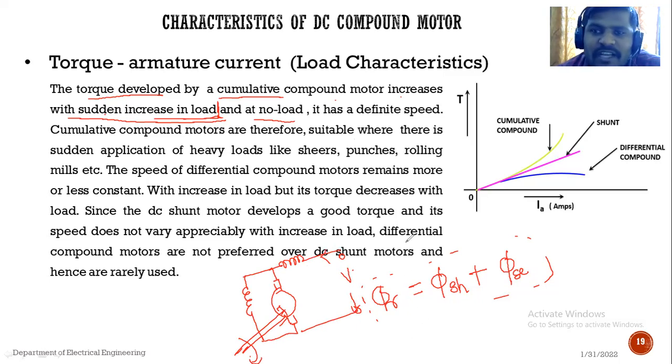In this case, the resultant flux should be more, because the series field winding flux and the shunt field winding flux add to each other. So the total quantity of flux increases. The torque developed by the cumulatively compounded motor will increase. When? With sudden increase in the load. I will give you the proof of this sentence. See, if the load increases, what will happen? When the load increases, what will increase?